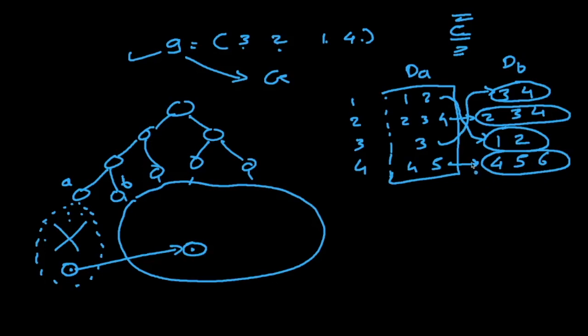Its domain at node A is a subset of the domain at node B. Then basically we can say that the domain of A is a subset of the domain at B, but we have to actually permute the variables, right? So under G, if we do this, then we have this kind of inclusion relationship.